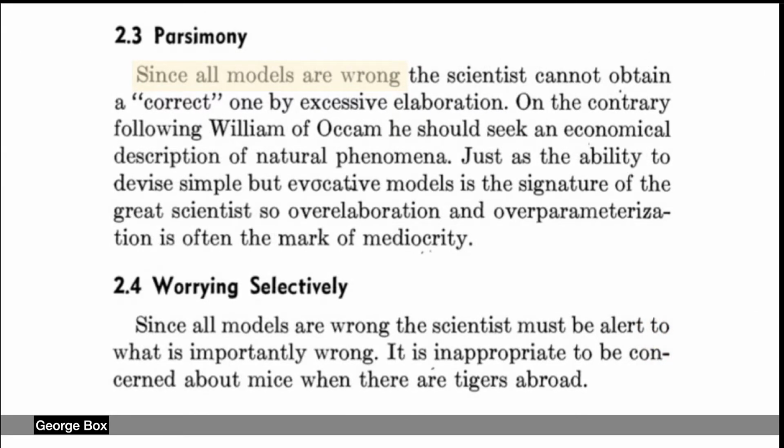We want a model which is, as George said, importantly wrong. It is inappropriate to be concerned about mice when there are tigers abroad, right? And since all models are potentially wrong, we should maybe prefer, in this example, the Occam's razor. We should prefer the simplest possible description, right? And rather than going whole hog into something which has got a lot of bells and whistles.